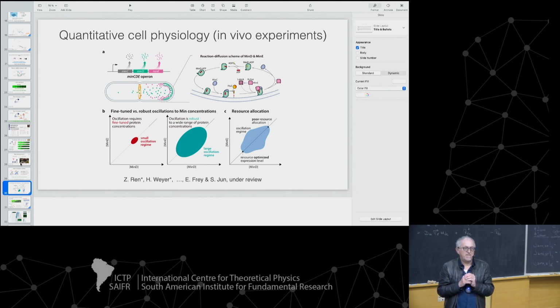So the active MinD is formed in the cytosol, right? No, so to say, only in significant numbers on the membrane, and even if it would be in the cytosol, to find each other in the cytosol is very hard. If you have a three-dimensional volume, and the concentration, that's the volume concentration, Veronica asked about this, the first passage time problem for a chemical reaction to actually happen in the cytosol is really, really low.